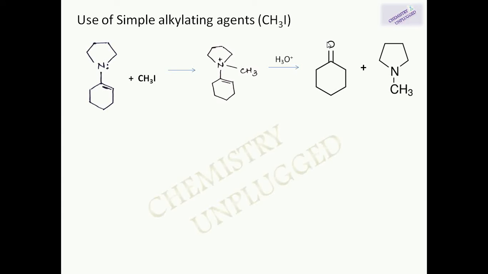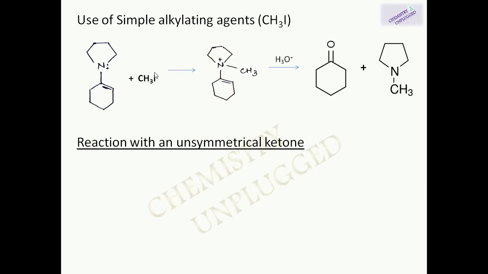We can use more reactive alkylating agents like benzyl halide and allyl halide. For the alkylation of reactants, we need a strong base to convert them into a nucleophile. In the earlier video, we discussed lithium diisopropylamide, which generates lithium enolates.